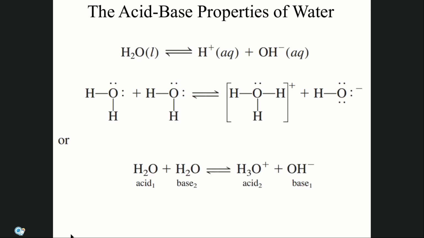Water is a weak, very weak electrolyte, and therefore a poor conductor of electricity, but it does undergo ionization to a small extent. This reaction is sometimes called the auto-ionization of water.